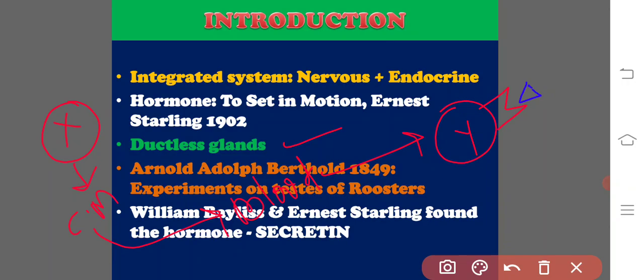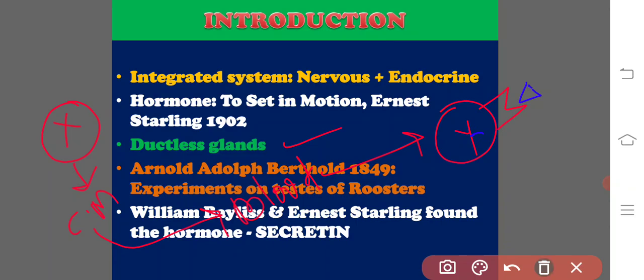This is the basic activity of the hormone. So the hormone has to bind to either the cell surface receptor or the intracellular receptor, and that resumes the action.